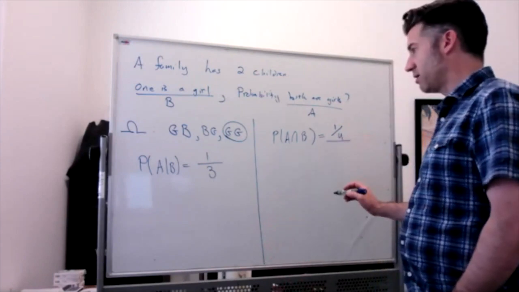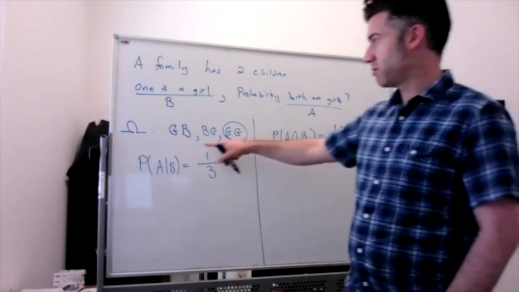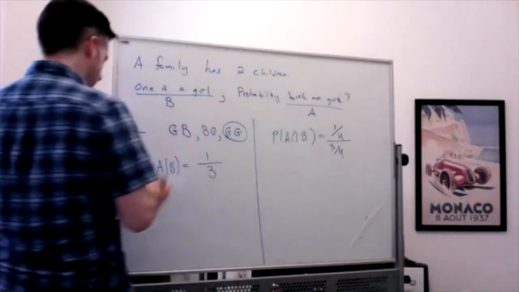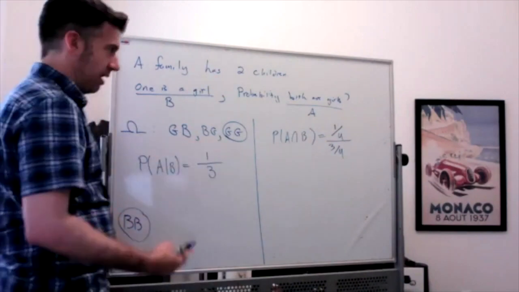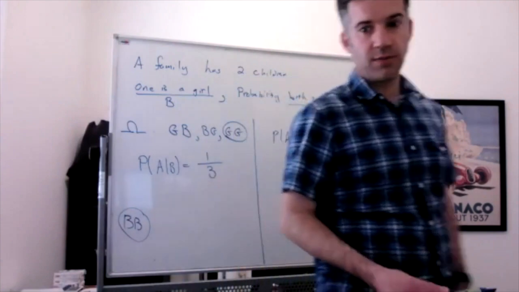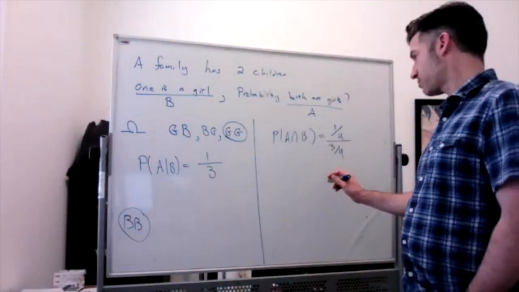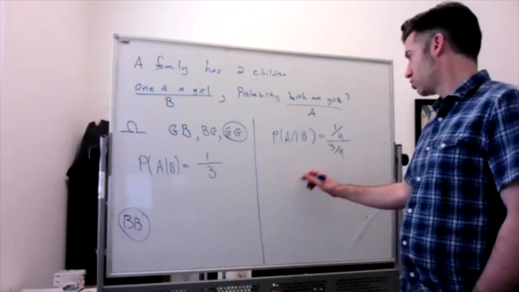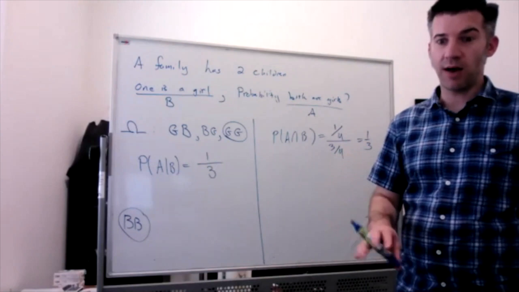Divided by the 3 out of 4 ways, right? Boy-boy is not in there. There are 3 ways that at least one's a girl. So yeah, 1/3.